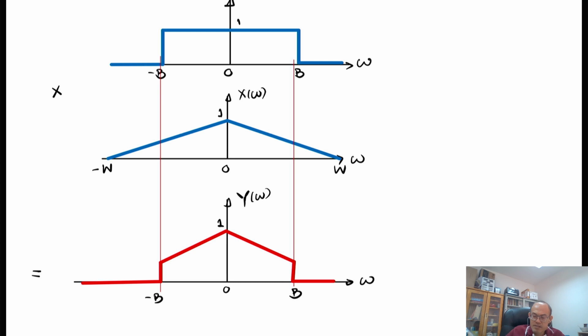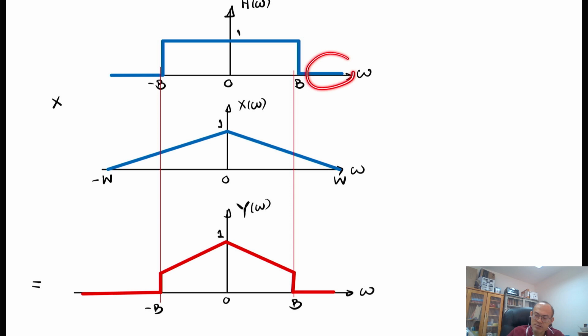You see, the input with frequencies above B and below negative B will be filtered out. Filtered out means it will be multiplied by 0, so you get 0 out at those frequencies. But frequencies between minus B and B will be multiplied by 1.